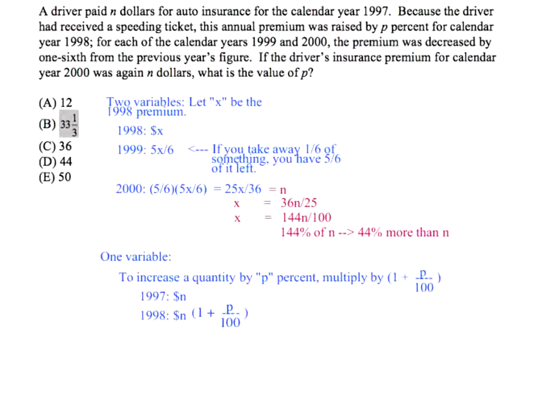And then you do the 5/6 to that. So in 1999, you're going to have the same quantity times 5/6. So that whole thing times 5/6.